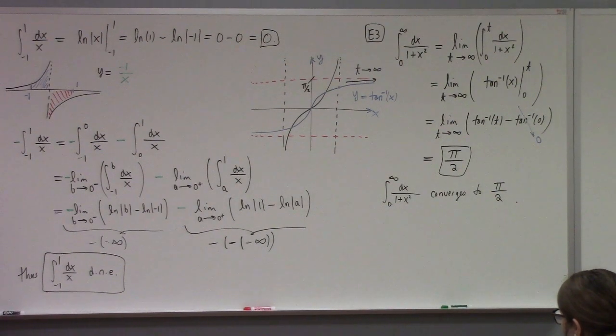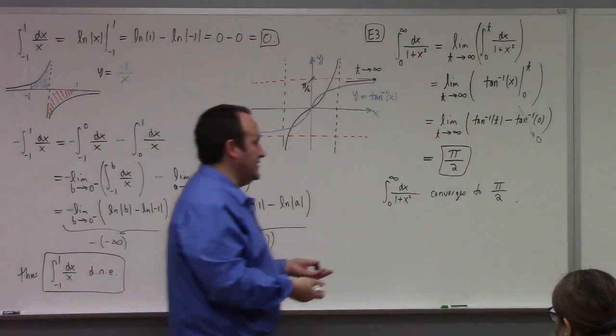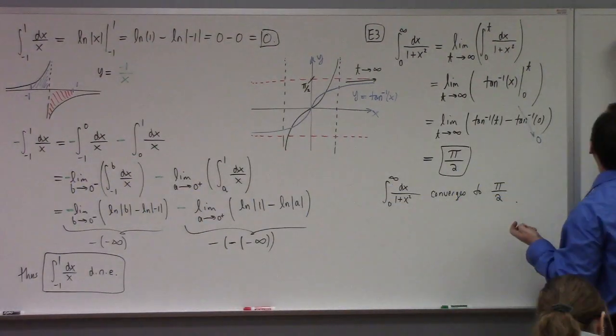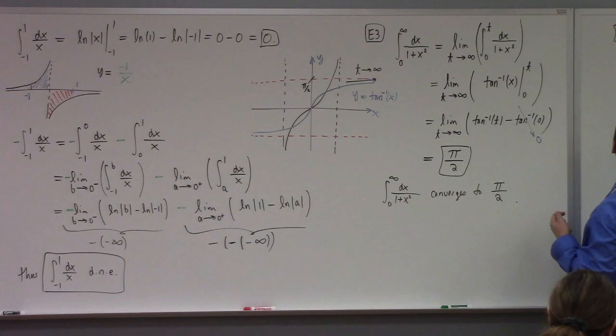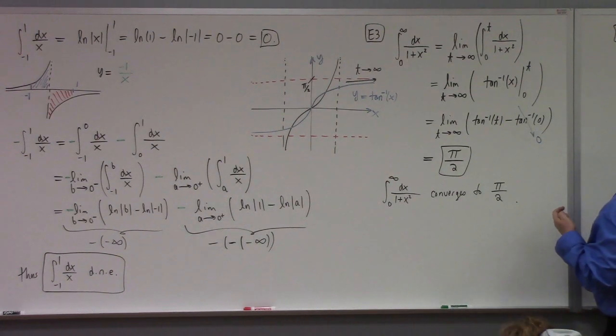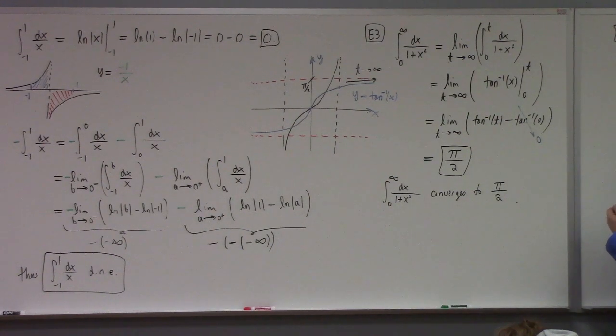And of course, we could also have an example 4 which merges these two concepts. You could have something like the integral from, say, 0 to infinity of dx over x. So here is where it gets fussy. When you have something like this, you basically can just pick wherever you want in the middle. The theorem says it doesn't matter where you split it. I'll split it at 1 because, why not?